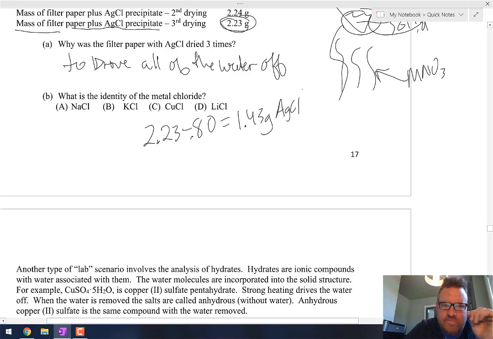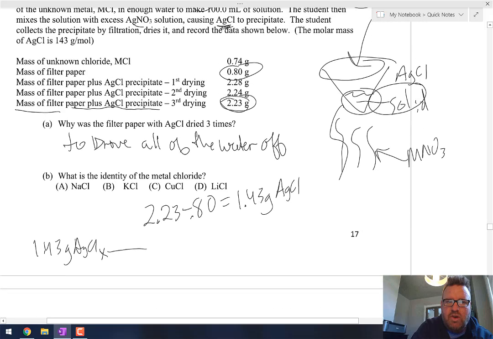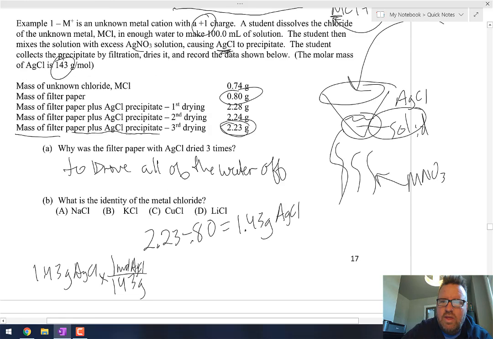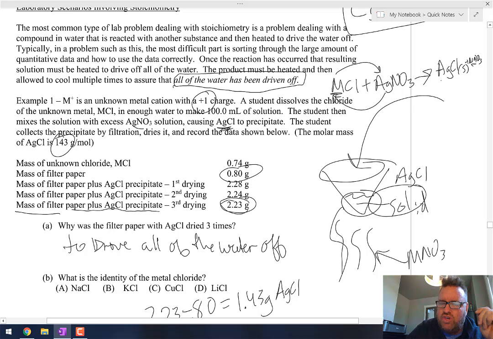Now that's my mass of silver chloride. Again, think about the next step. What do I do with grams? Well, 1.43 grams of AgCl, I could convert that to moles. Remember, they told me the molar mass is 143, so 143 grams per mole of AgCl. We have the balanced equation up here, and they're all 1-to-1 ratios.